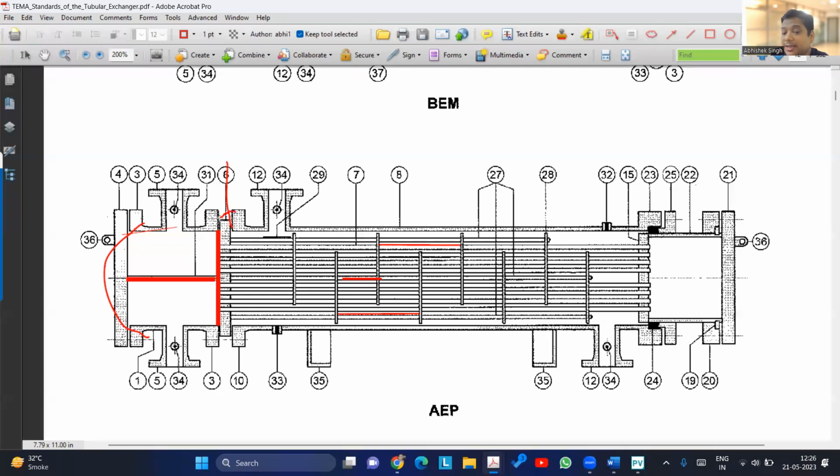Here I have a gasket. So my area of focus will be this joint and also the leakage between tube to tube sheet. Now, if I have to check this, I need to bolt this channel side. Yes, no?